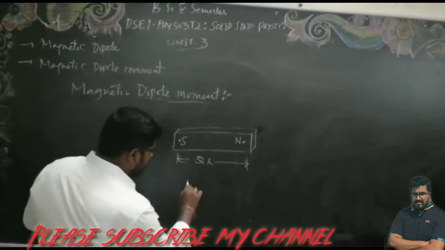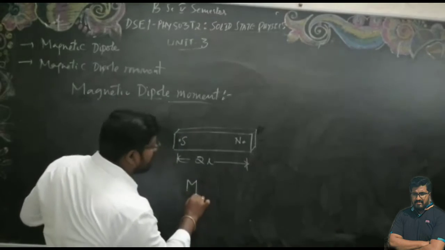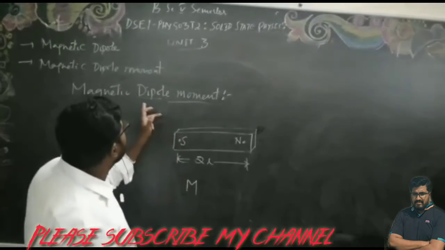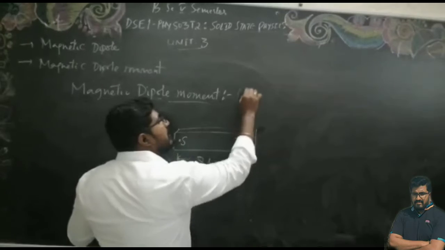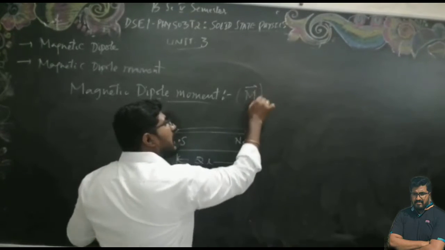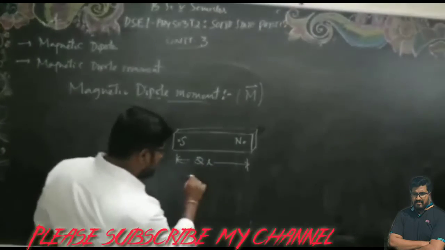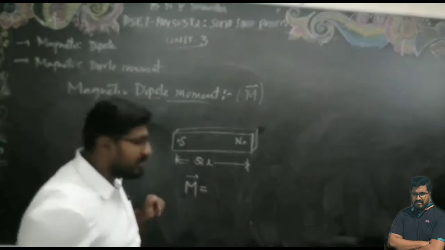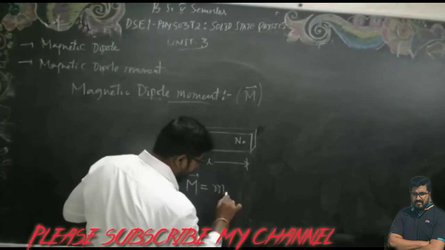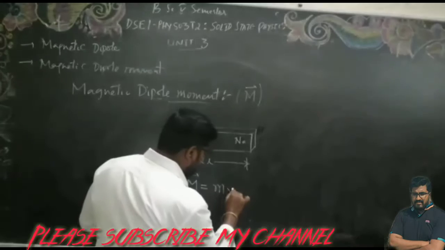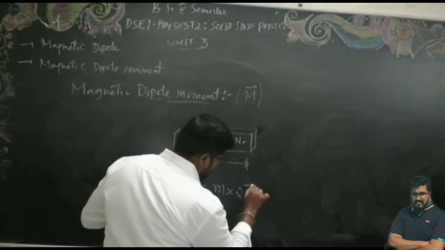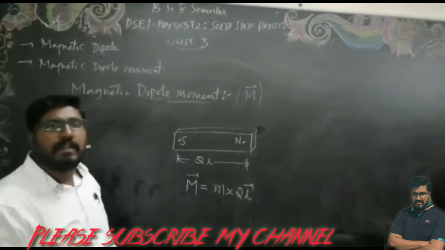Mathematically, the magnetic dipole moment is represented by the capital letter M, that is, capital M times the pole strength and the magnetic length.